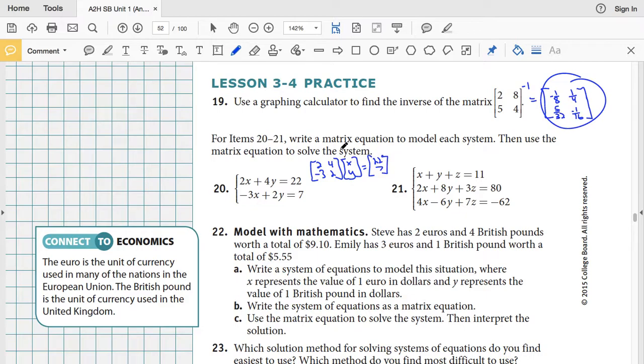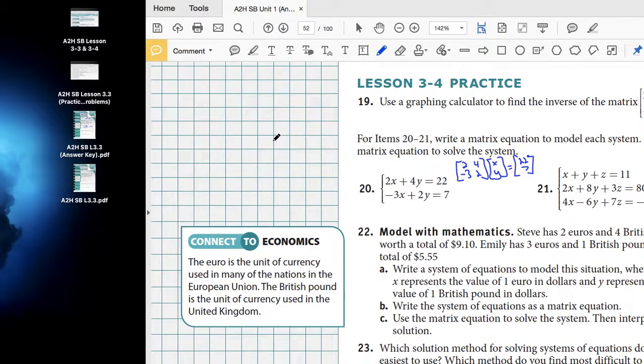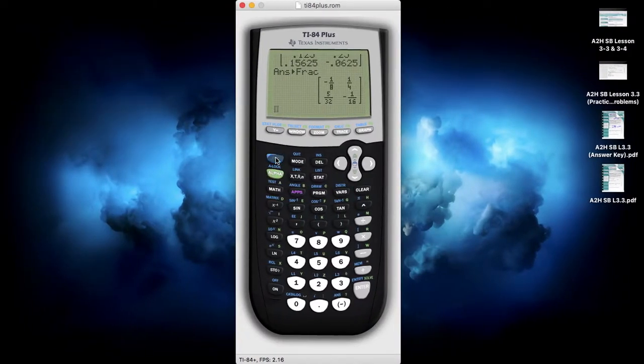Okay, let's go ahead and enter these into our calculator. Let me clear this out first actually. So I'll go to second matrix, and I'm going to edit this first one here. And again, it is just a 2 by 2, so that's good.